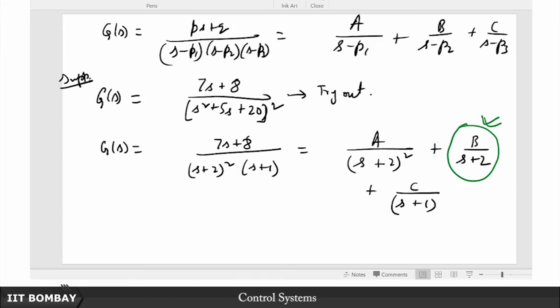How? If you multiply both sides by the common denominator, you will be left with 7s plus 8 equal to A times (s plus 1) plus C times (s plus 2) squared. The problem you will run into is that the right hand side is going to be a quadratic polynomial, so there will be 3 terms: the coefficient of s squared, the coefficient of s, and the constant.